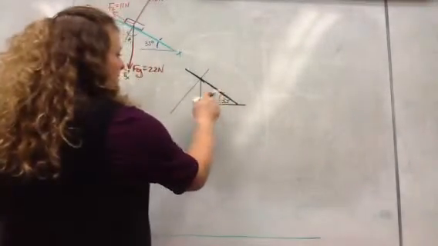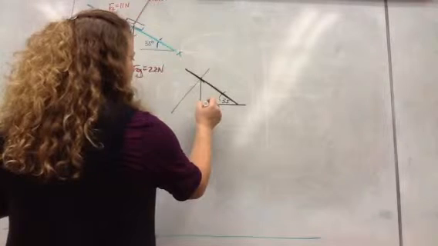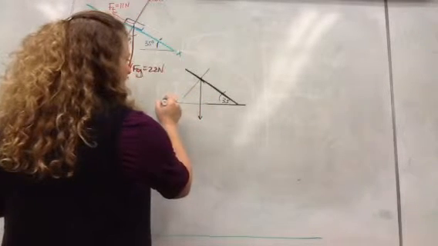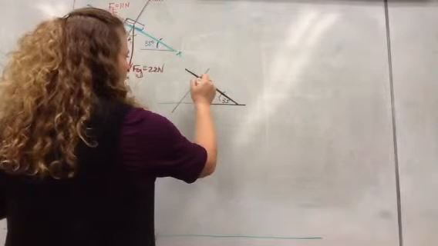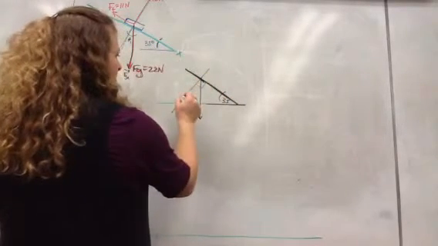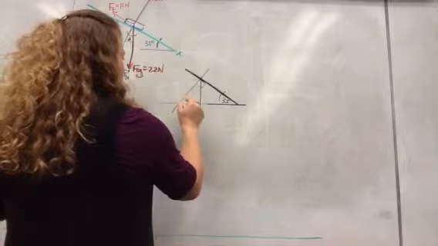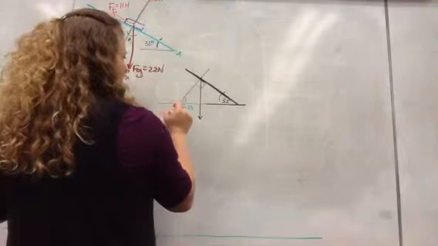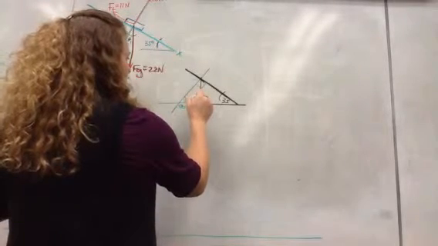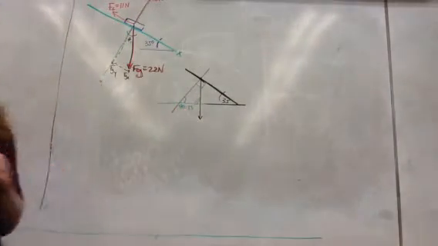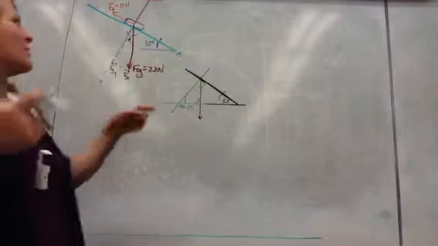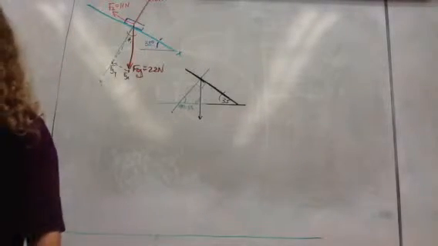So this is 35. If we extend this line, then we know that for this triangle, this is 90. This is 90 minus 35. And then if we take this angle... Oh, goodness. I know. What it works out to is that this is 35.